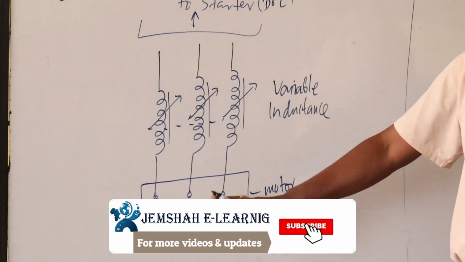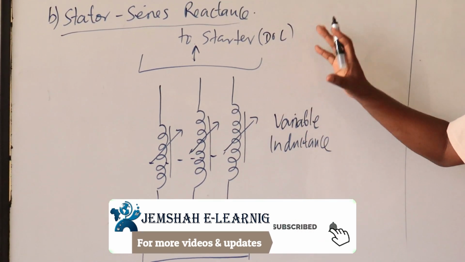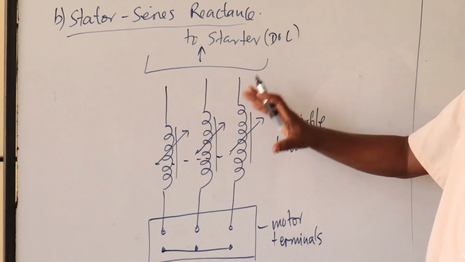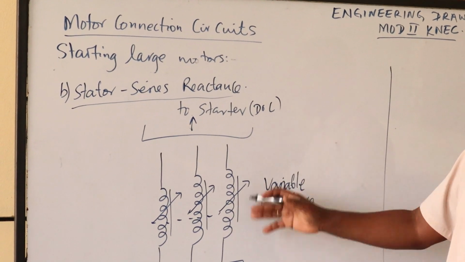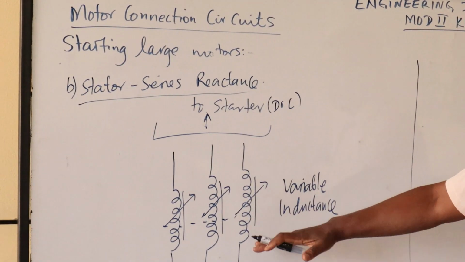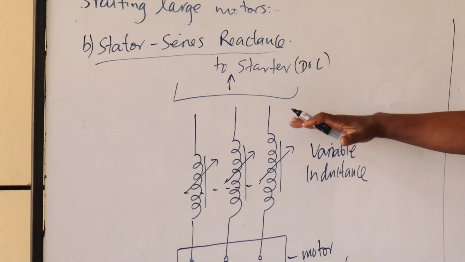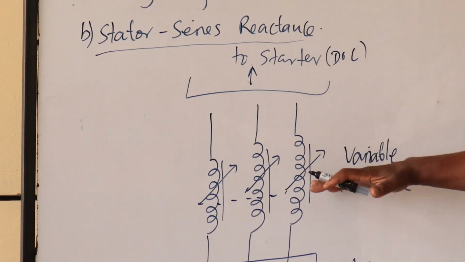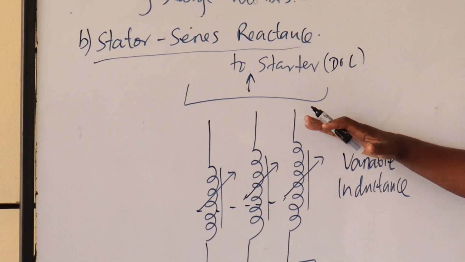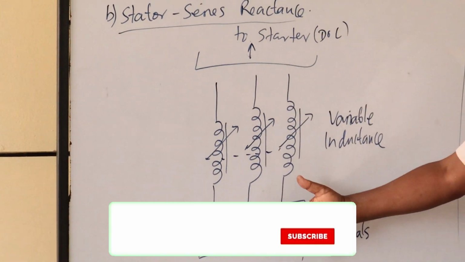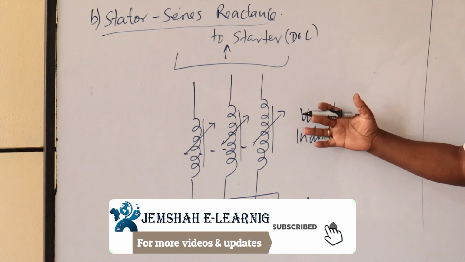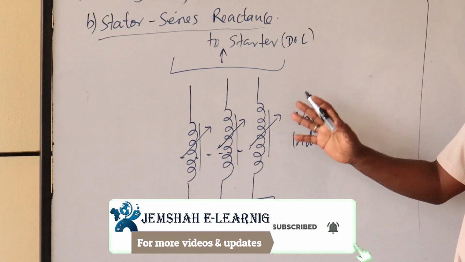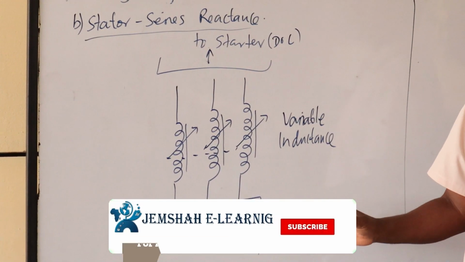Again, once the motor stops, we should make sure that the inductance is back in place before we restart the motor. So with the connections, you simply gradually reduce your inductance as the motor picks up speed until you reach your run position, and then the motor can run normally. Key thing to remember, after the motor stops, the inductance should be put back into the circuit.